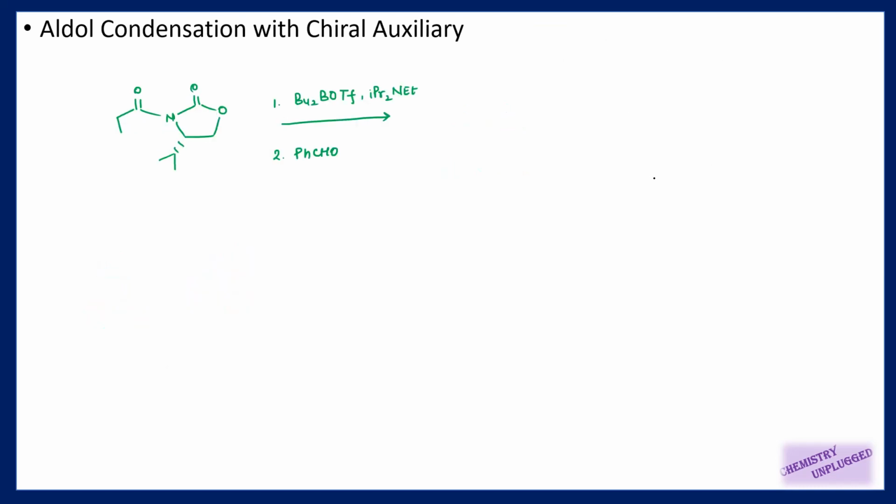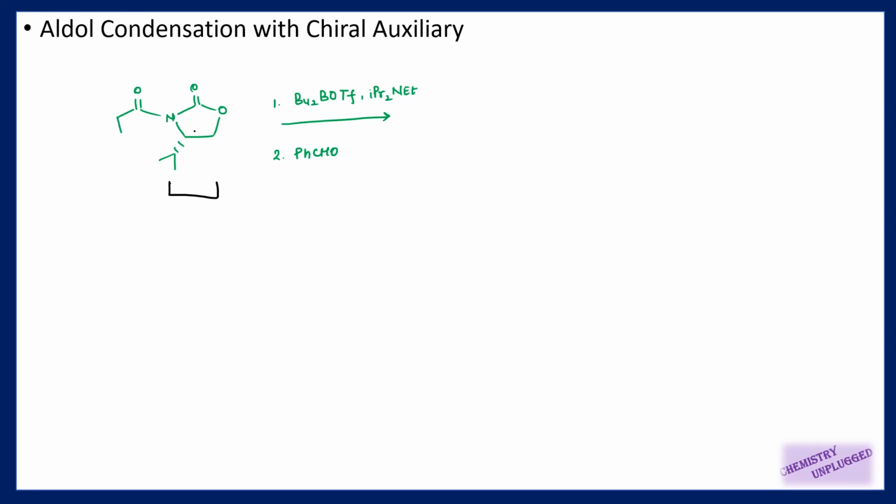Next and very important part is aldol condensation with chiral auxiliary. We know that this part is our chiral auxiliary and we can easily generate enolates from this reaction, and we can also attach a group on it, right?